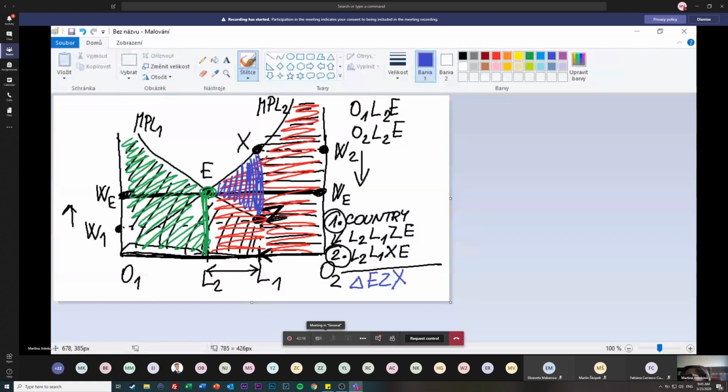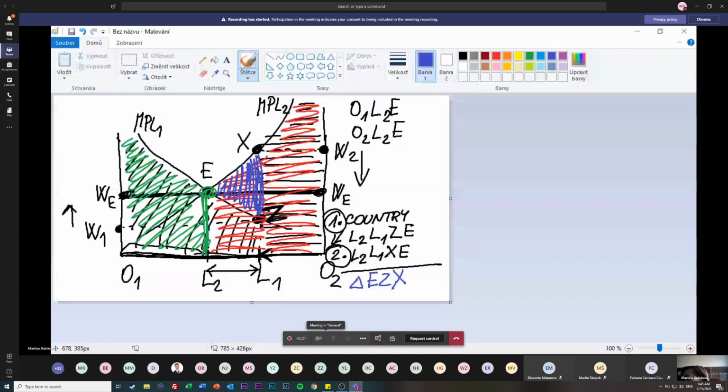And it was the hatched area below the curve. After the migration, there was GDP decrease in the first country by L2, L1, ZE. On the other hand, there was in the second country GDP increase by L2, L1, XE.